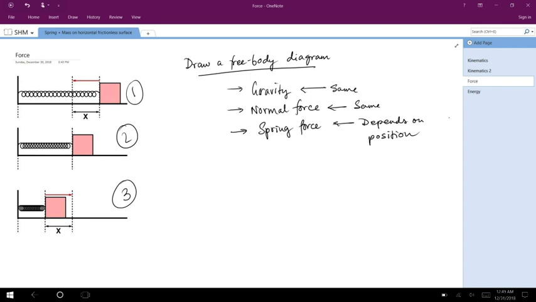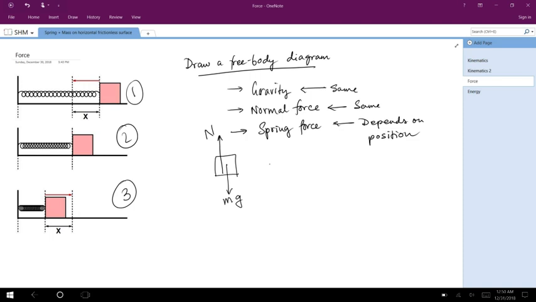Okay, so let's draw the free body diagram. The free body diagram of the block would have the gravitational force, mass times acceleration due to gravity, pointing downward, and the normal force from the horizontal surface on the block.